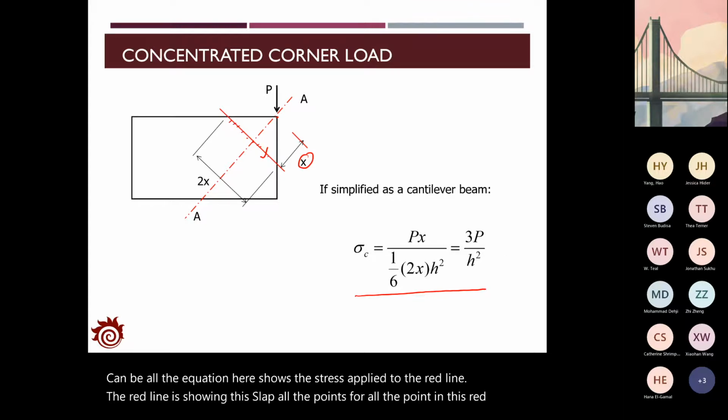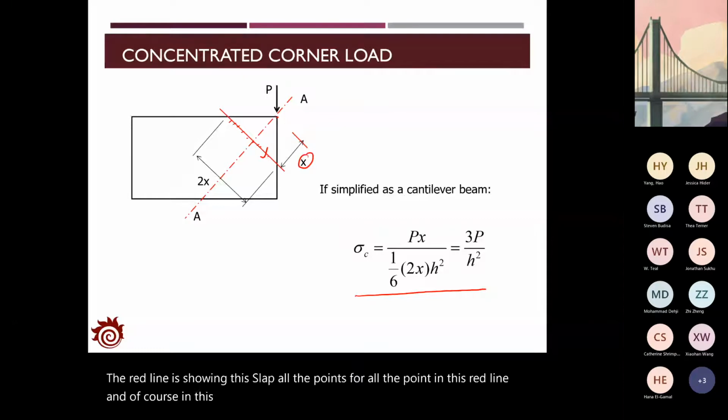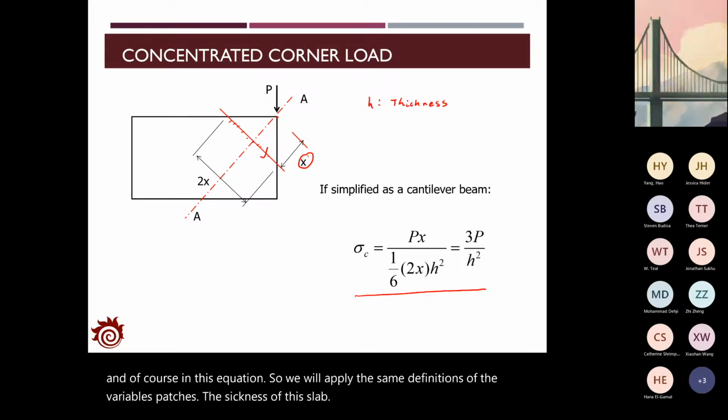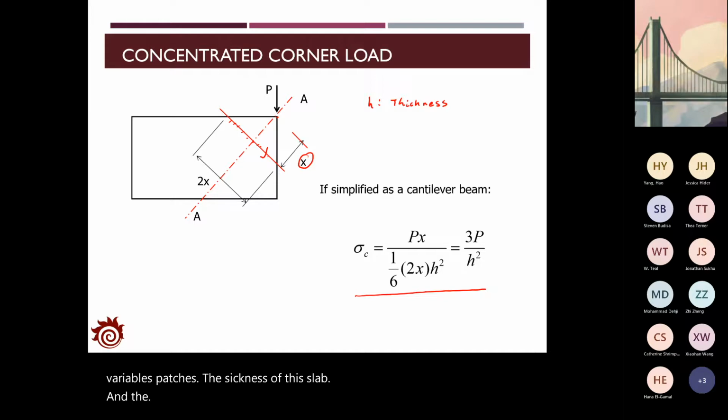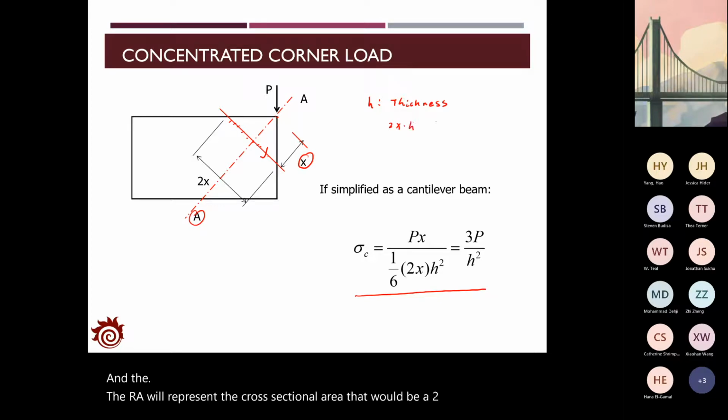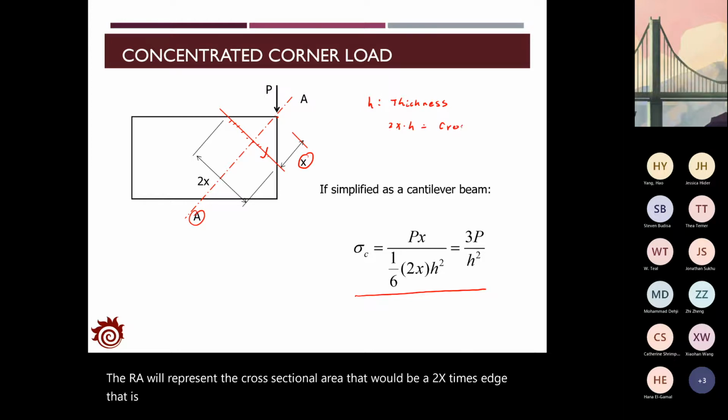And of course, in these equations, we will apply the same definitions of the variables. H is the thickness of this slab, and A will represent the cross-sectional area. That would be 2x times H.